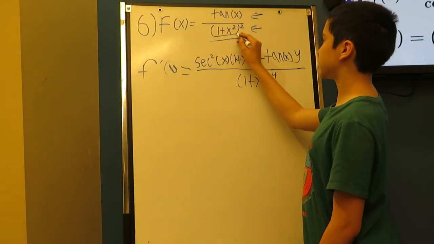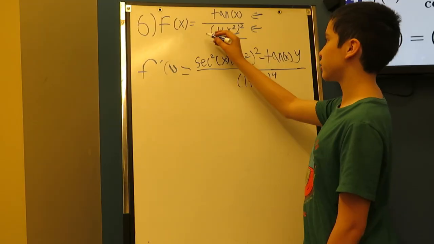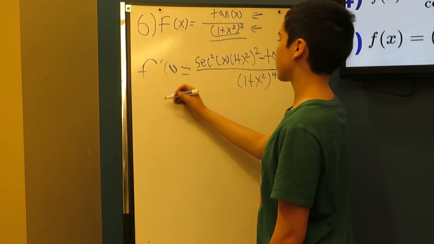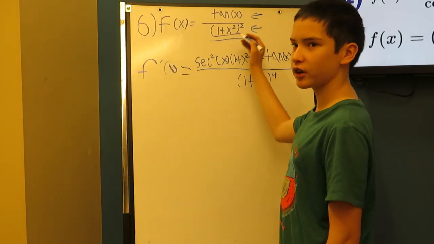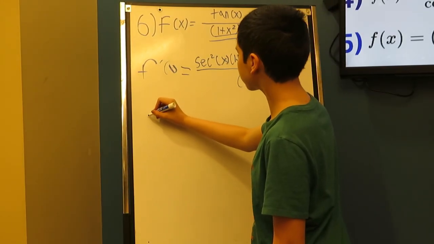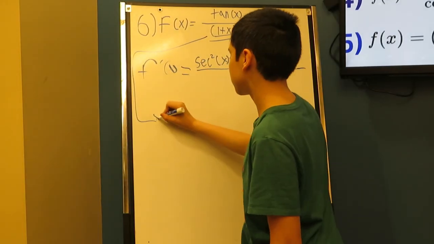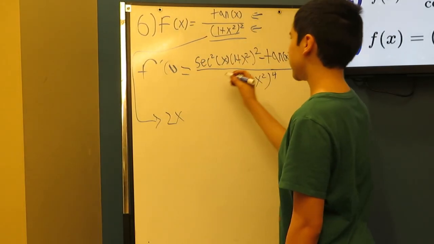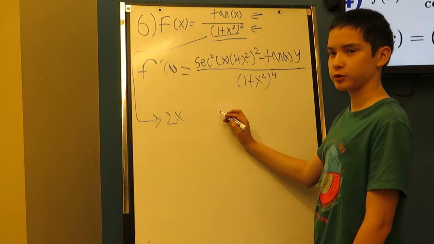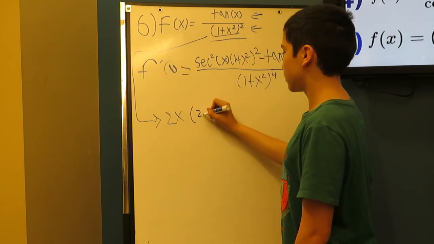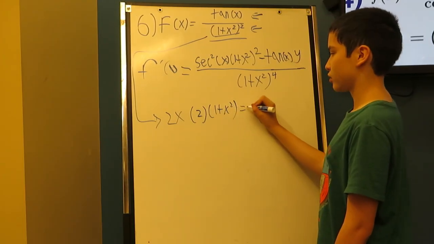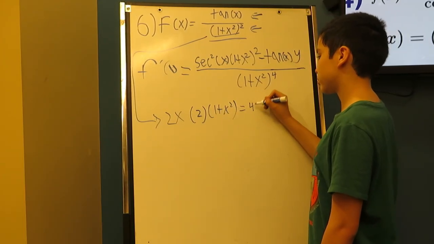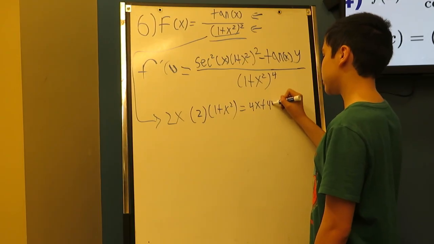We have an inner function of 1 plus x squared and an outer function of squaring. So our chain rule states that the derivative of the inside is 2x. And then we take the derivative of the outside with respect to the inside, which gives us 2 times 1 plus x squared, which equals 4x plus 4x cubed.